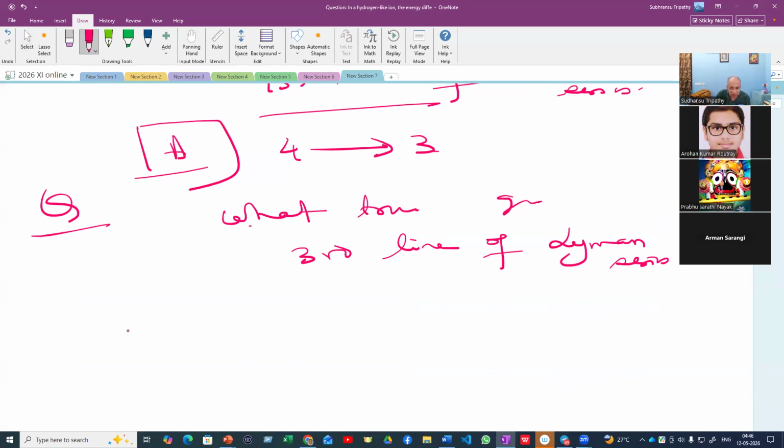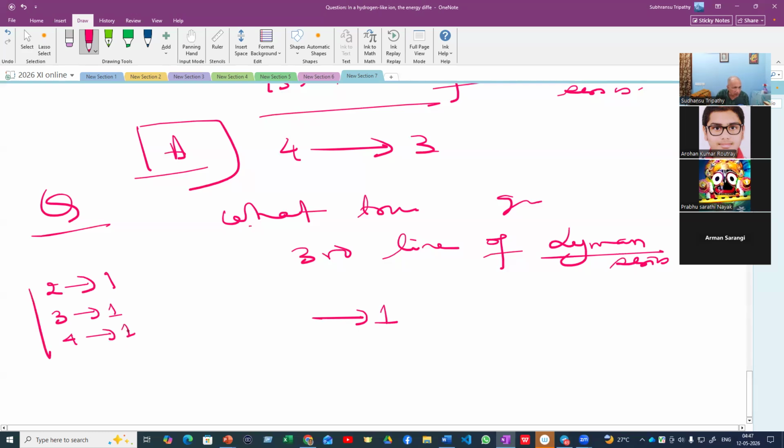Because Lyman means the destination is 1. So it will come to 1. All of the lines will be coming in UV, and that series is called Lyman. So you just think: the first line is for 2 to 1, second line is 3 to 1, definitely third line will be 4 to 1. You just try the analysis, the deduction. 2 to 1 will give you the first line, 3 to 1 will give you the second line, so the third line will be 4 to 1.